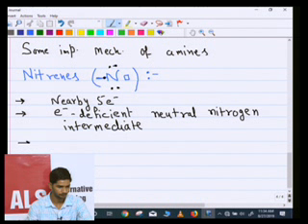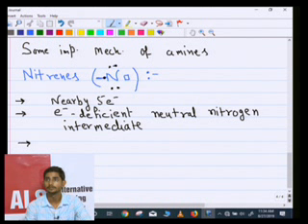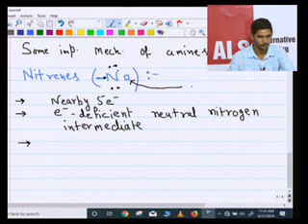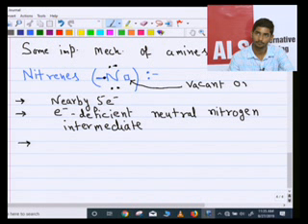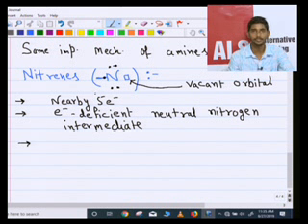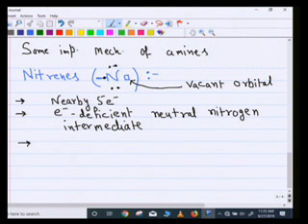Next, sir, what is this small square thing? I have told you, dear, this is the vacant orbital. This represents the vacant orbital. Next, if I talk about the shared electrons, you can see 5 are the electrons that nitrogen has, and there is one more electron, which is this one, which is shared with the nitrogen.